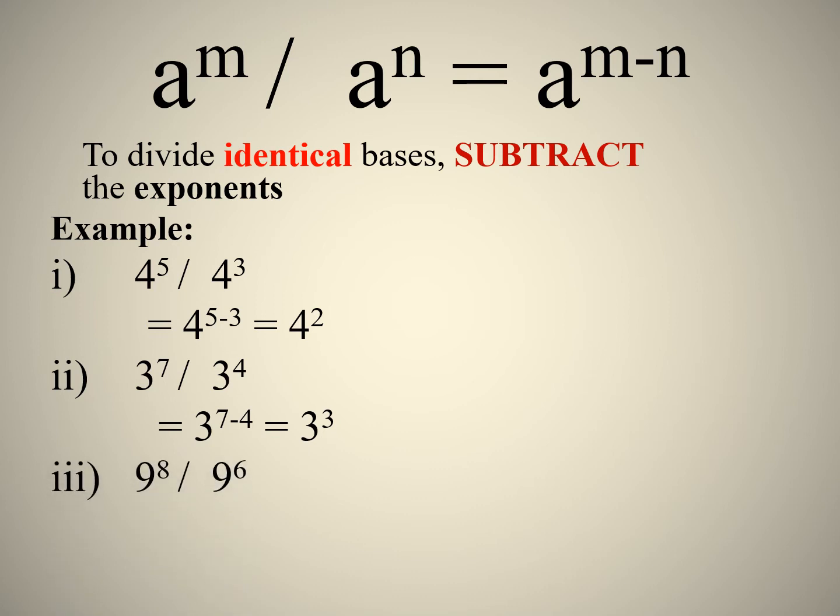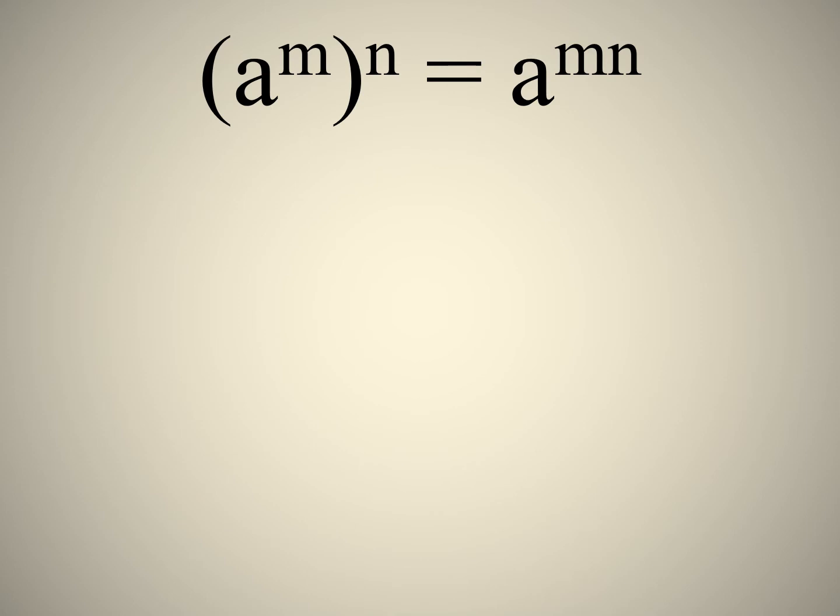Next, 9 raised to 8 by 9 raised to 6 is equal to 9 raised to 8 minus 6 equal to 9 square.